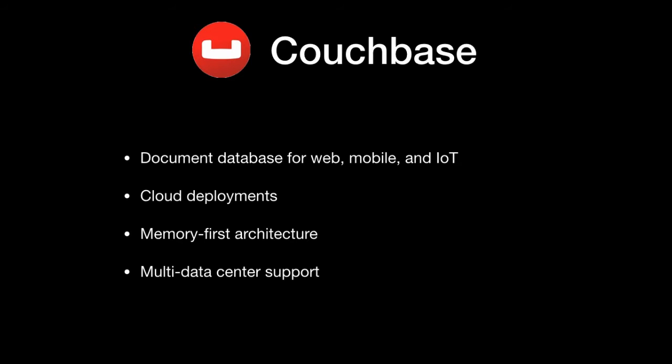There are replicas that increase availability, so you could refer to a replica in this situation. Multi-data center support in Couchbase allows documents to be replicated across clusters in different geographic locations or in different regions. And so that is designed to improve availability.